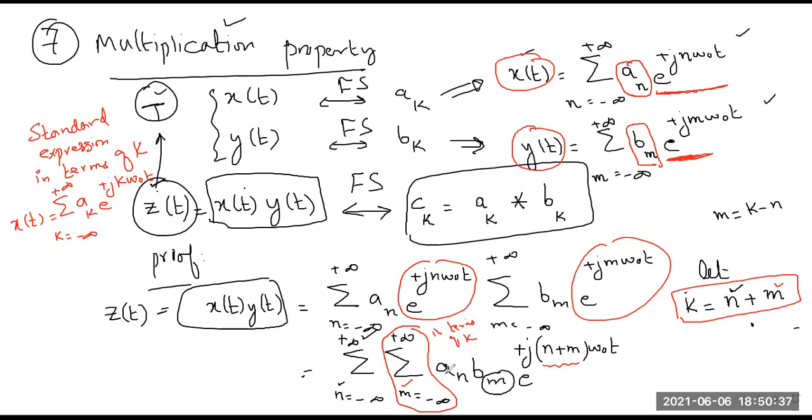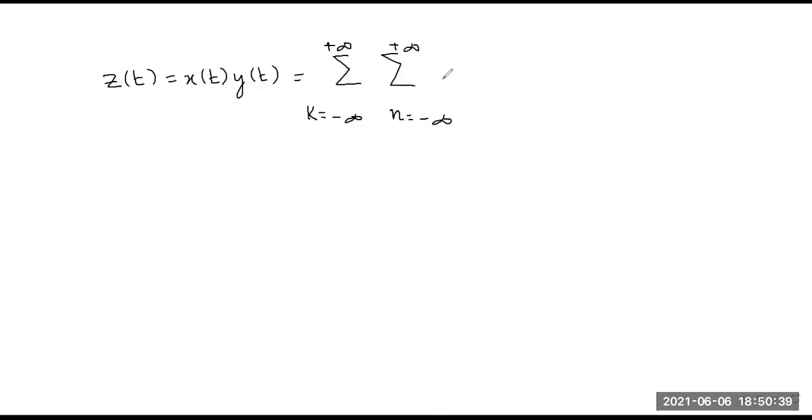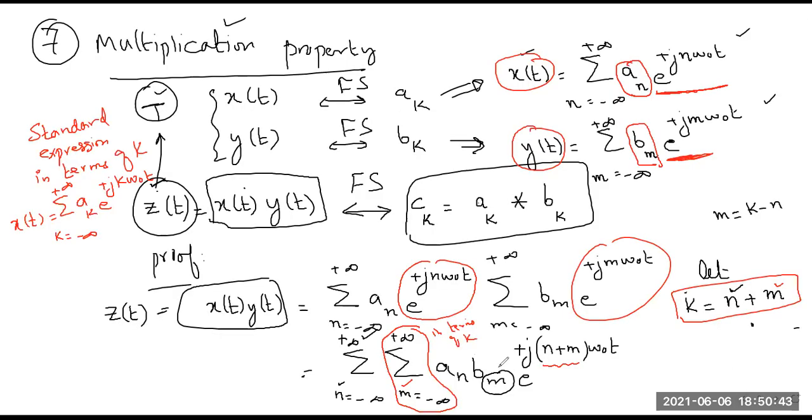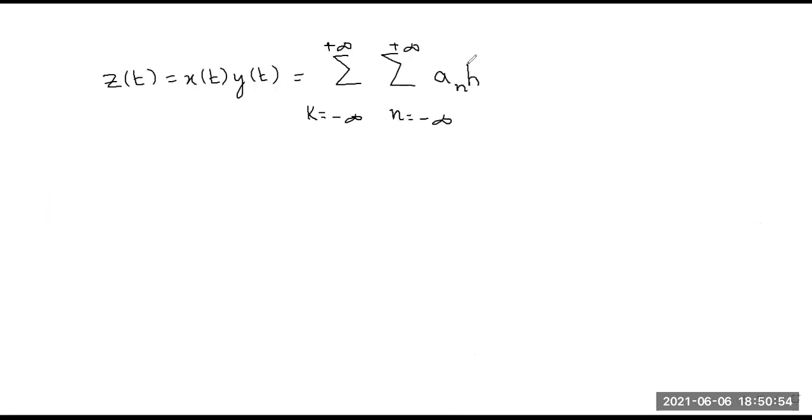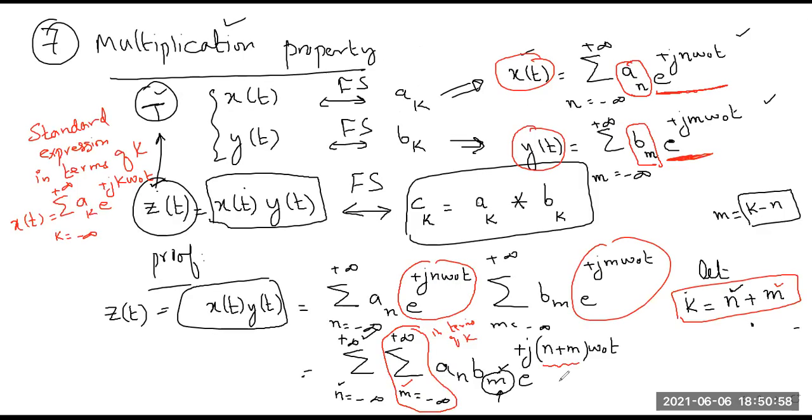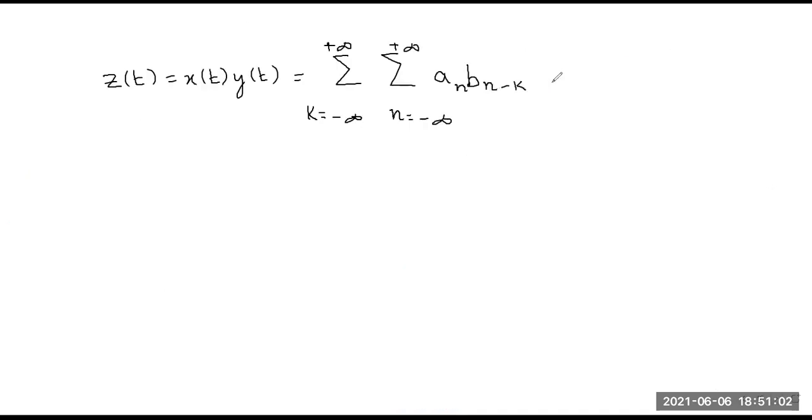Then we have a_n. Because I have changed the variable m, so m is now k minus n. We get b sub k minus n. And then we have, of course, e to the power plus jk omega naught.